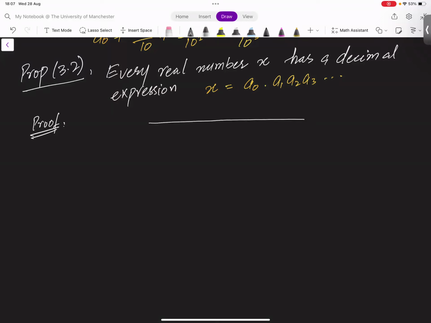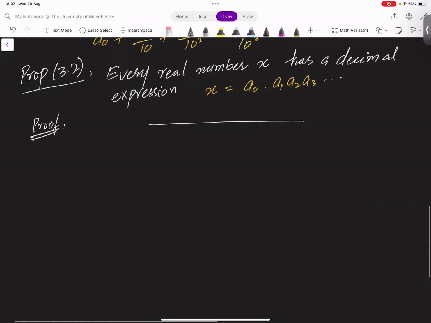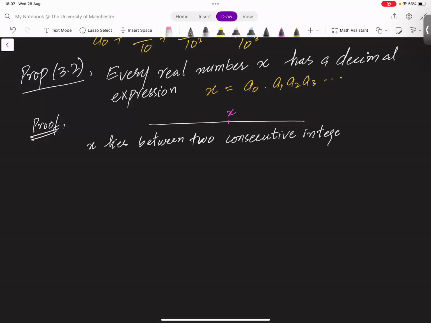So let's say this is the real line, and here is x. And we know that x lies between two consecutive integers.